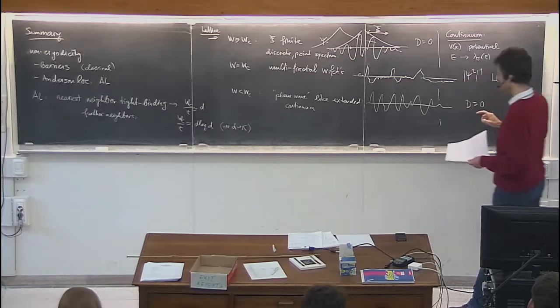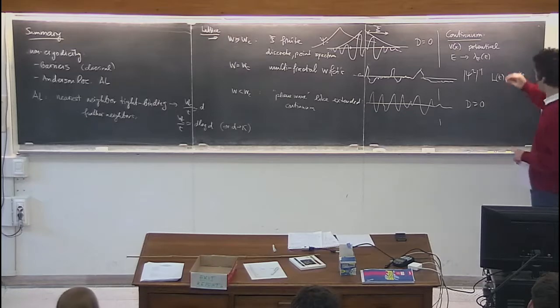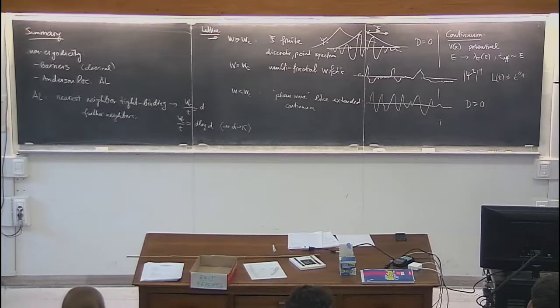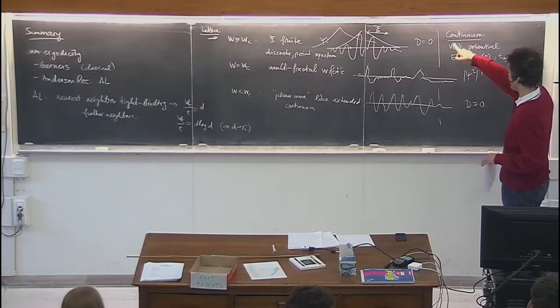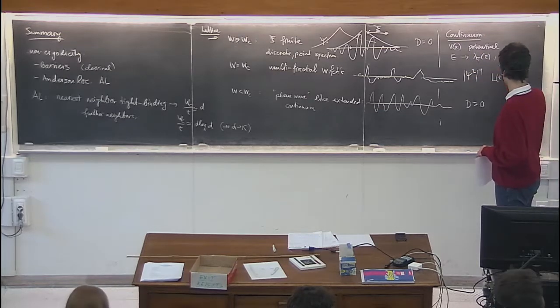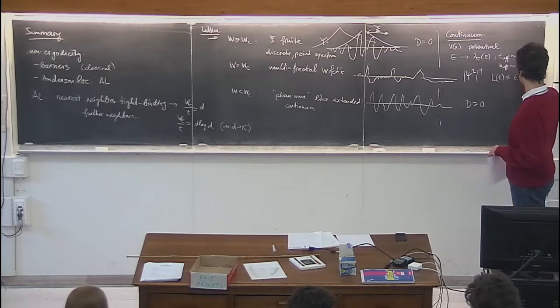And I coarse grain the system at this wavelength, and I build an effective lattice model with that lattice constant and with an effective hopping, which is just given by the energy roughly, right? And then I have this disorder potential. So I average the disorder potential on that scale, and then I get the W effective. So this is some sort of integral over V(x) over some lambda_F to the d.